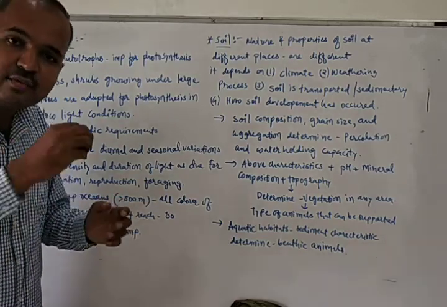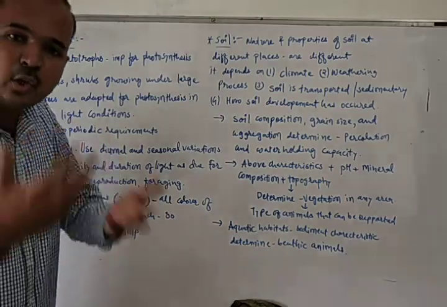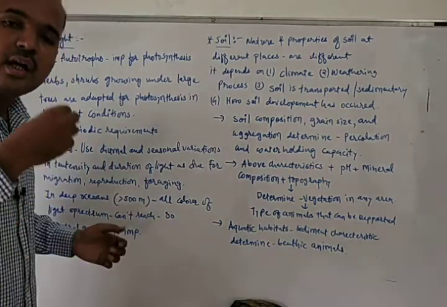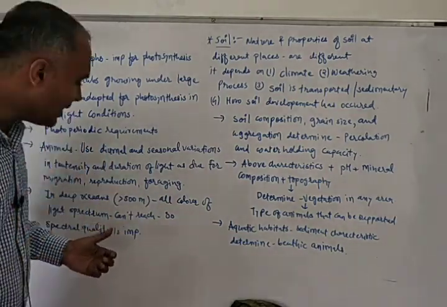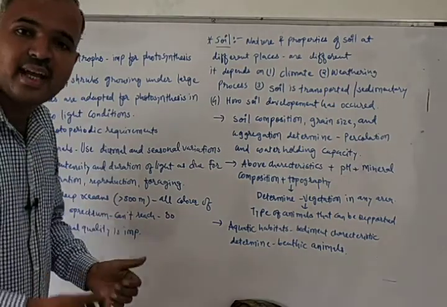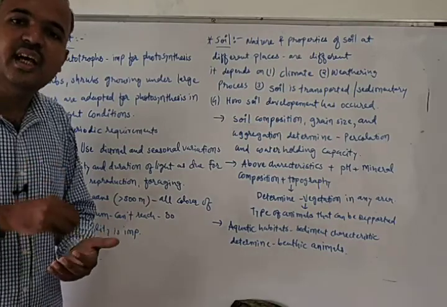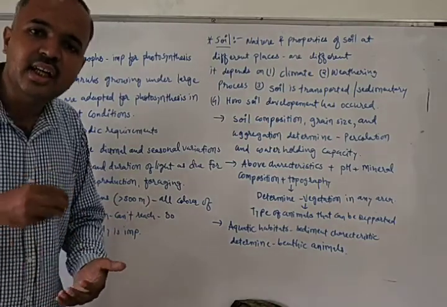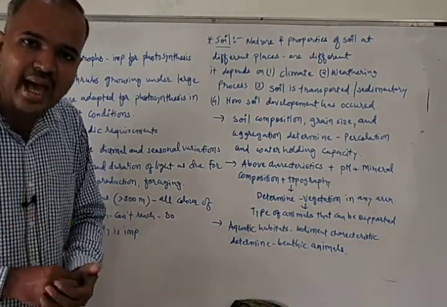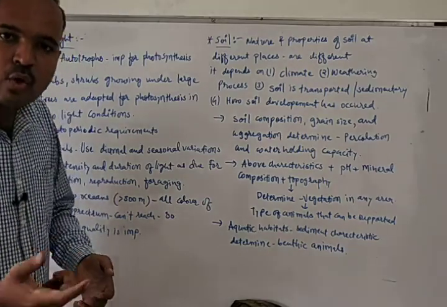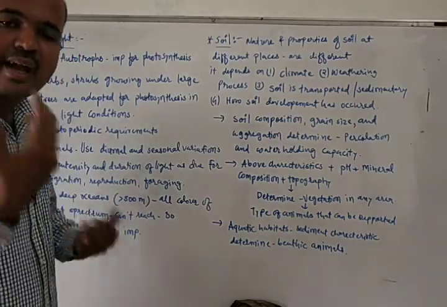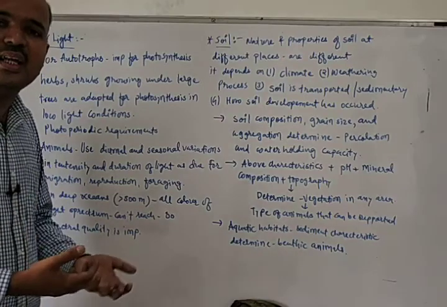They use these variations as a clue for what? For reproductive activity, for migratory activity and for foraging activity.